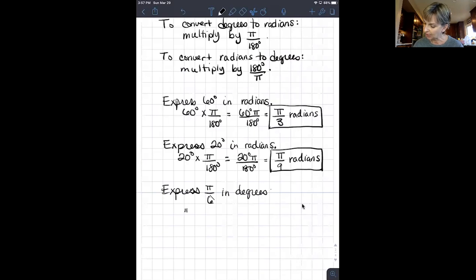We're going to take our pi over 6 and multiply it by 180 degrees over pi. Notice what happens there when you are multiplying these. What happens to the pi? The pi's go away. Isn't that nice? Leaving us with 180 degrees over 6. And then you just reduce as much as you can. In this case, it reduces nicely to 30 degrees. So pi over 6 radians is 30 degrees.